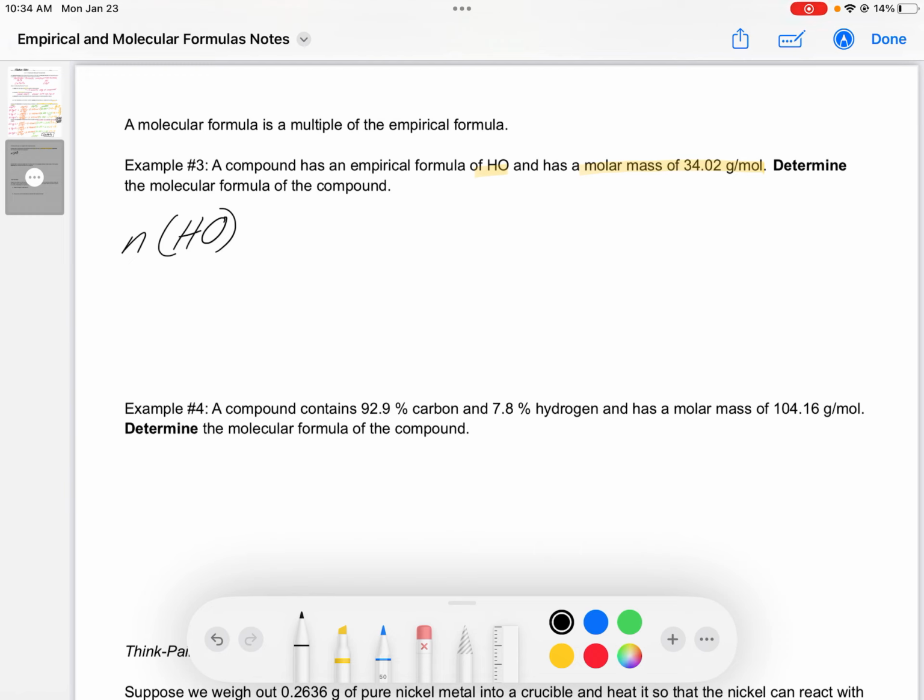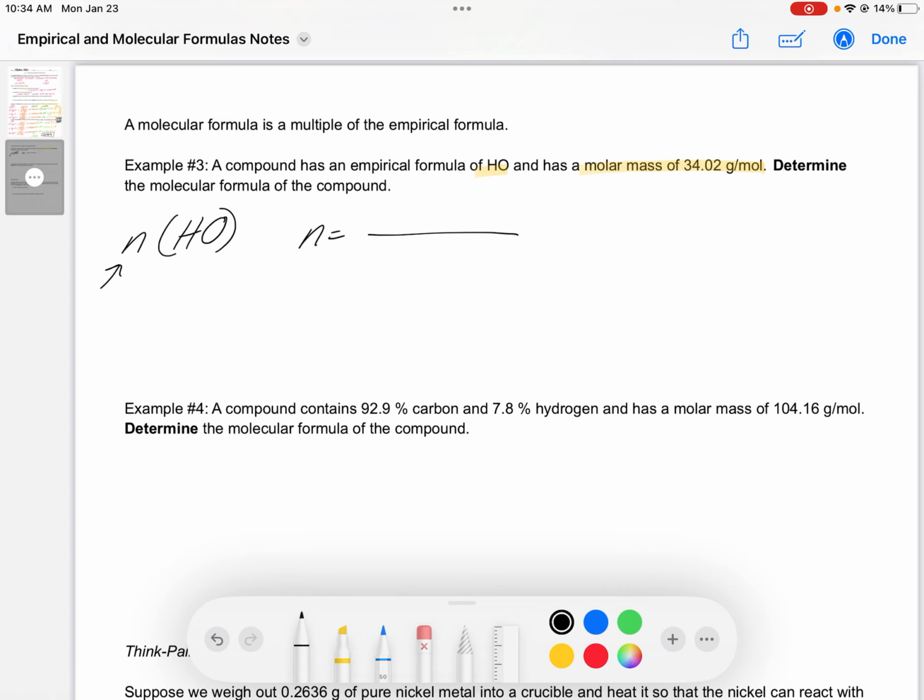So we've already been given the empirical formula, which is nice. We don't have to solve that. What we want to do is find n. We need to figure out what that ratio of elements to each other is. What is the relationship between the molecular and empirical formula? What is that factor?